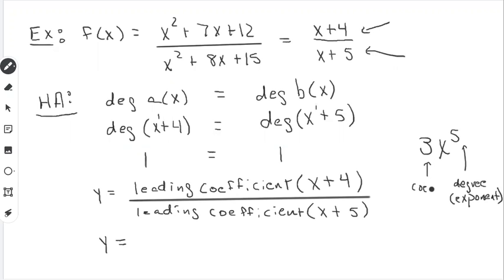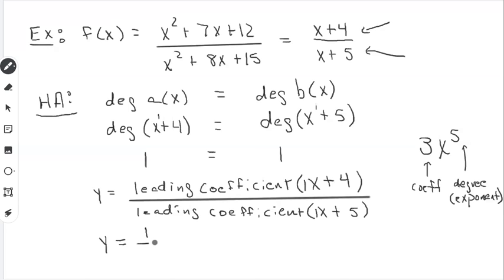And sometimes I just write that as COEFF just to shorten it up. The number out in front of the x is called the coefficient. So we're going to be asking ourselves, what's the number out in front of the x? Well, since there is no number, it's assumed to be 1, right? So I'm going to put a 1 right here and a 1 right here. And what that tells us is the leading coefficient of the top is 1.